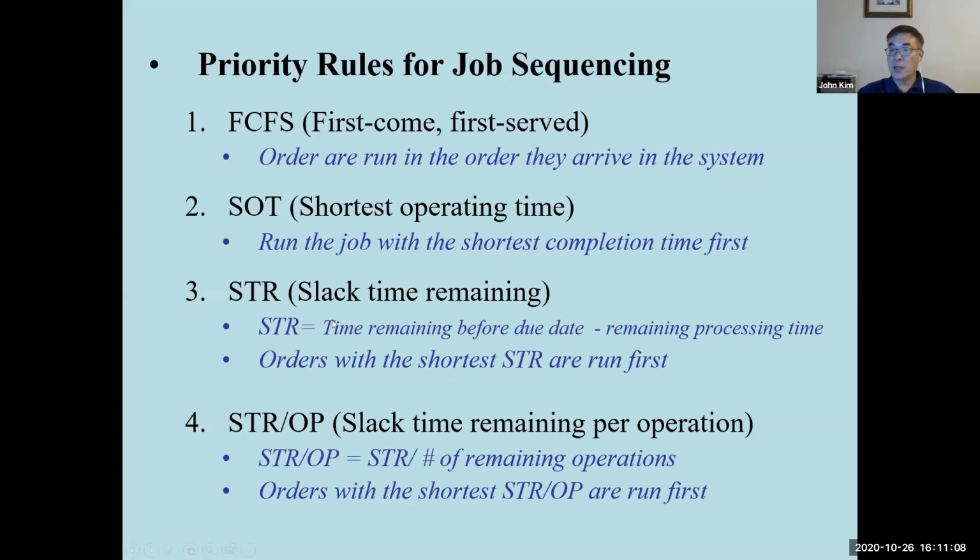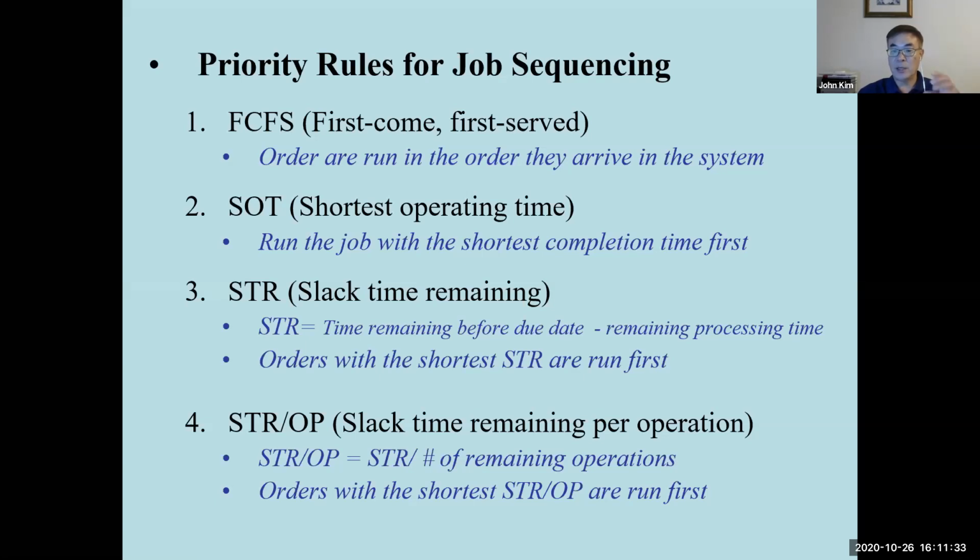STR rule, slack time remaining rule. Slack time remaining is time remaining before due date minus remaining processing time. Until due date 10 days, then the processing time 5 days, and then that 10 minus 5, that is the slack time.